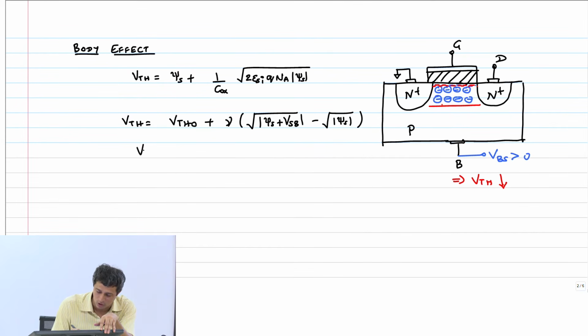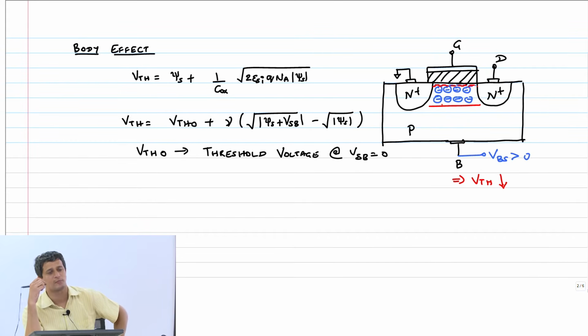So what is VTH naught? It's the threshold voltage at VBS or VSB equal to 0, which is the earlier expression that we had derived.